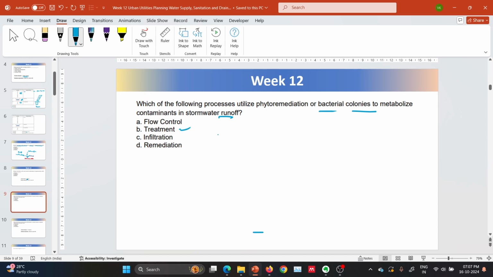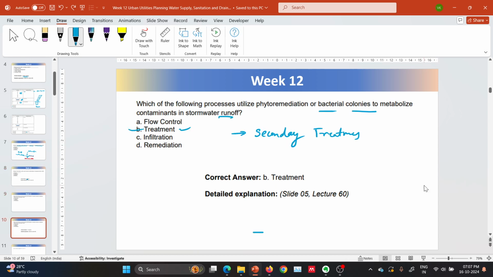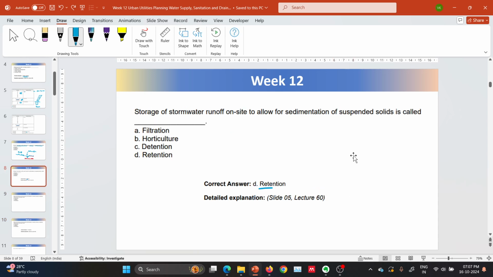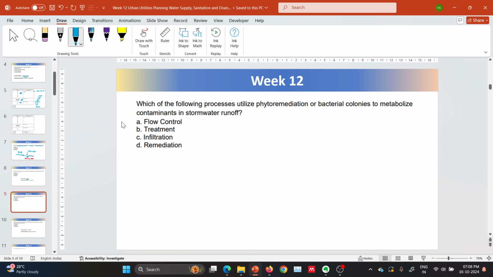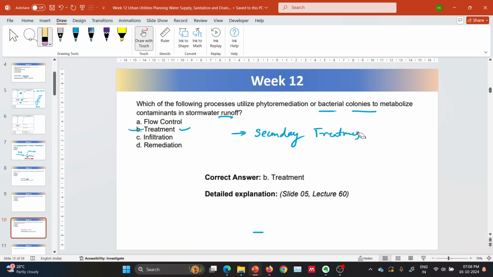This is treatment. In secondary treatment we use microbes.